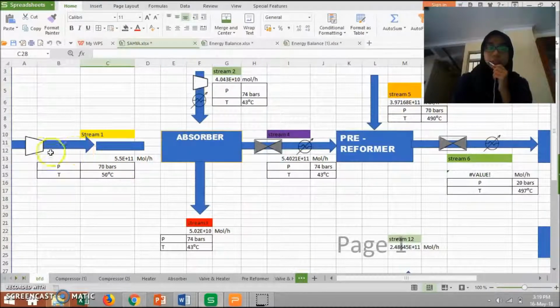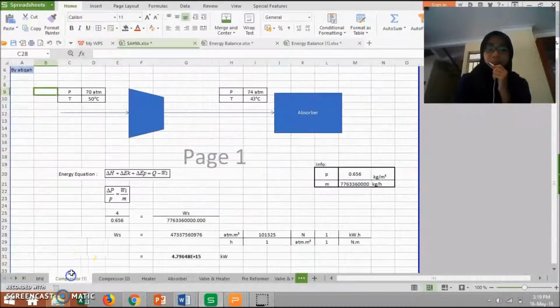For stream 1, I have put a compressor. This compressor helps to increase the pressure from 70 atm to 74 atm.